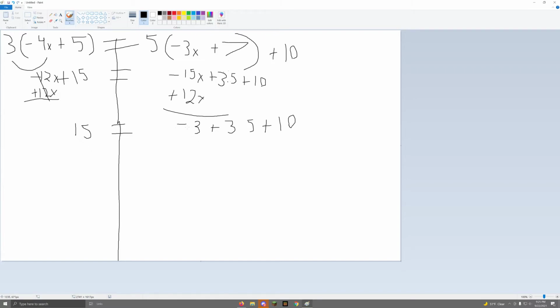Negative 3 is the only negative over here at the moment. Oh yeah, I'm so sorry about this. You need to bring down the x. So you always bring down the x. So negative 3x is sitting by itself because there are no other x's over here. 35 plus 10, we can do that. 35 plus 10 would amount to 45.